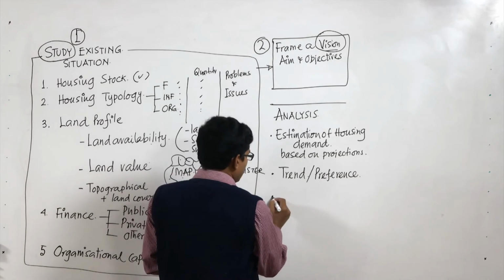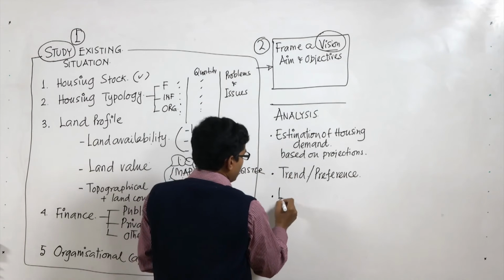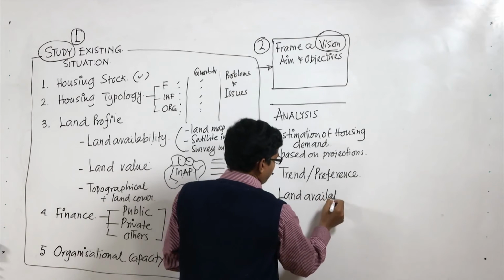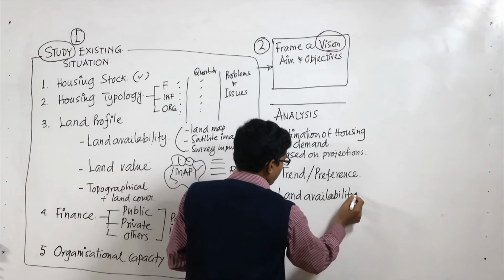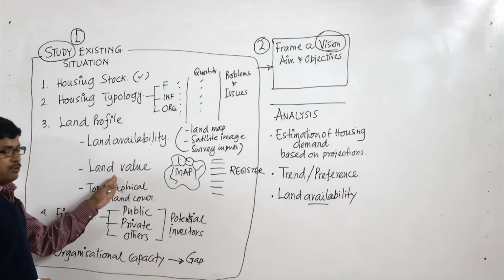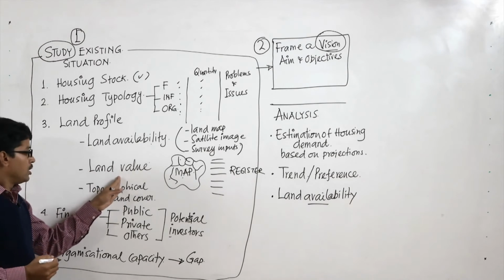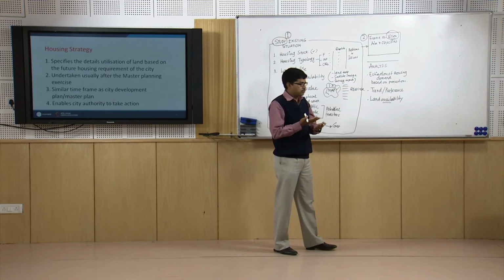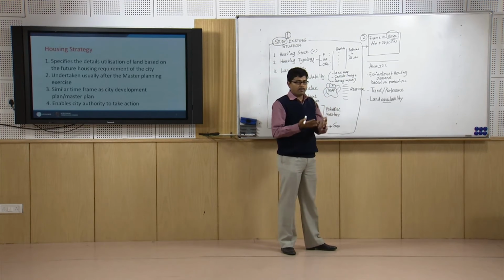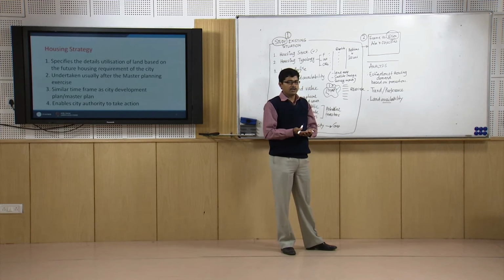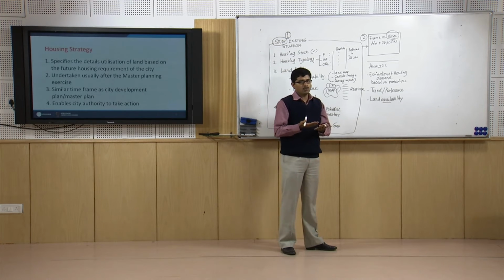The next part will be the analysis of land availability. Based on the land availability and land value maps we have already prepared, if we superimpose both the maps, we can work out how much land is available in the high land value area, what land pockets are available in the medium land value area or low land value area.